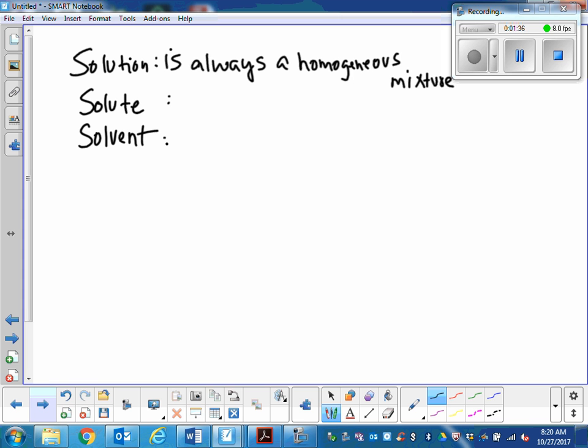Okay. So instead of understanding it like that, let's say the solute is the smaller part and the solvent is the bigger part.